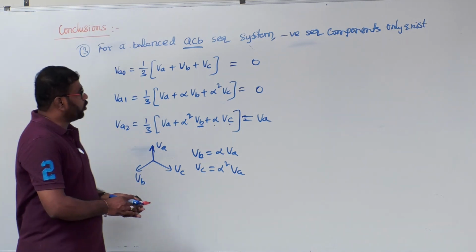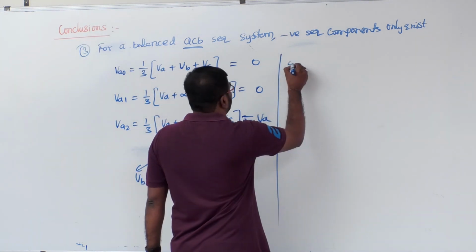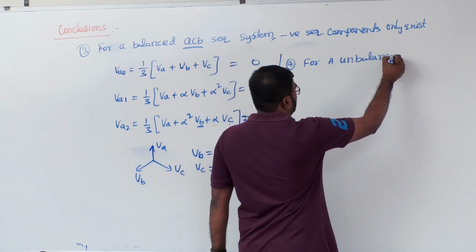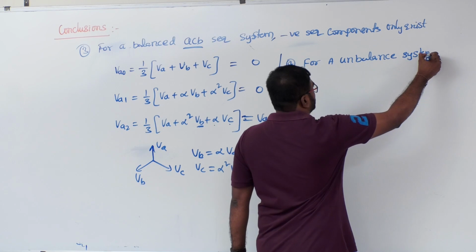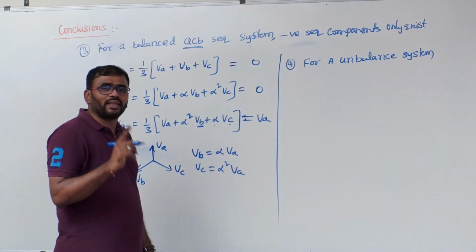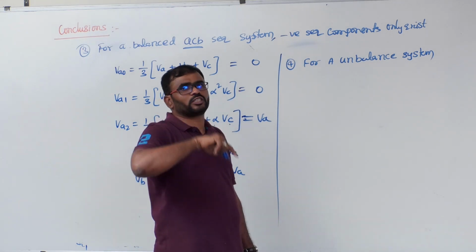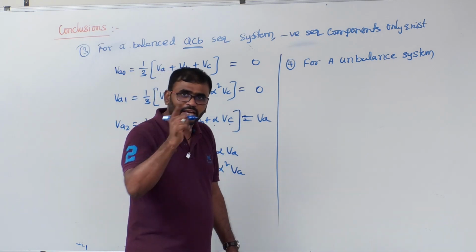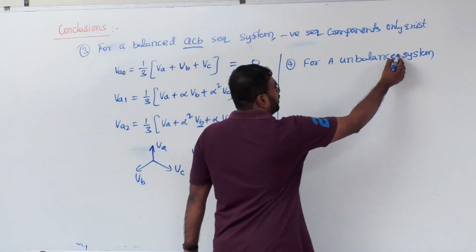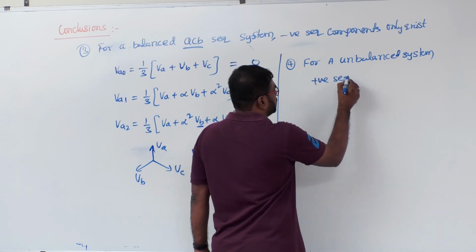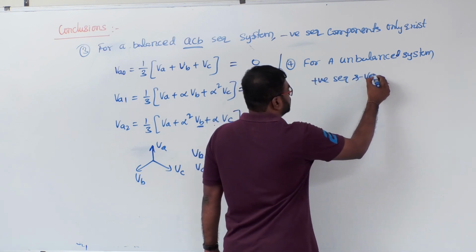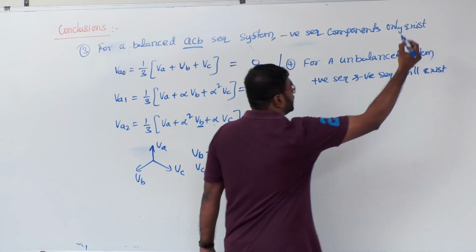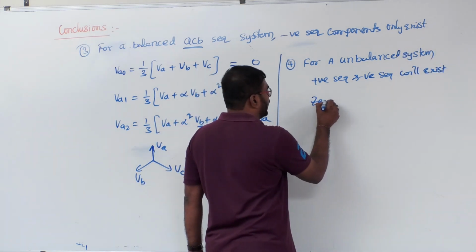Clear? Now the fourth conclusion is, for an unbalanced system, tell me what components will exist. Strictly speaking, for an unbalanced system, both positive and negative sequence components will exist, but zero sequence components may or may not exist. Careful, I will prove this. Positive sequence and negative sequence will definitely exist, but be careful with the zero sequence components.